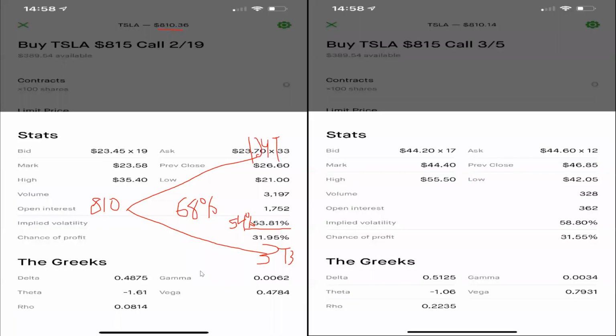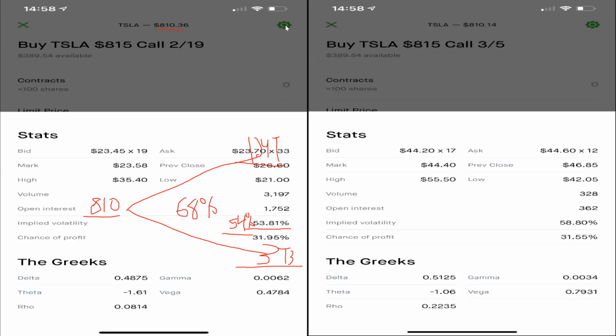And that's what that means. According to one standard deviation, a year from now, there's a 54% chance that this stock's going to be in between 373 and 1247. And that's the math behind implied volatility right there.